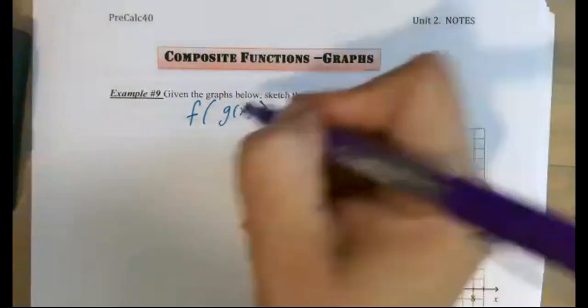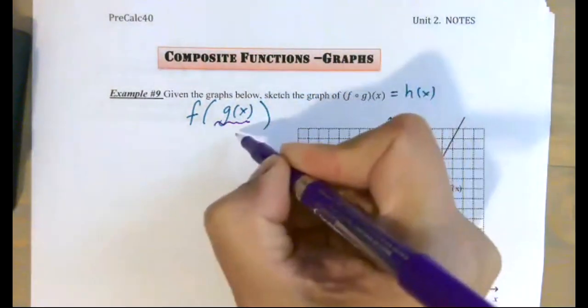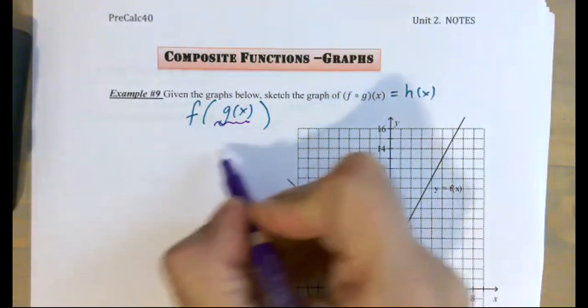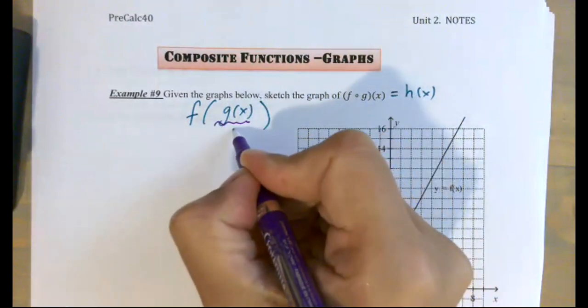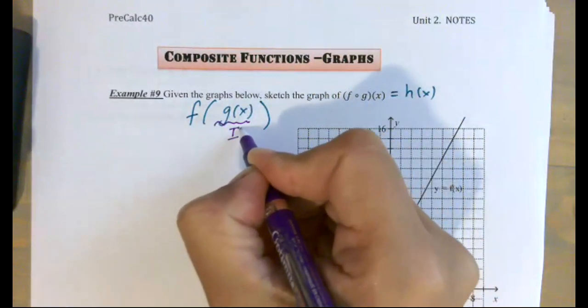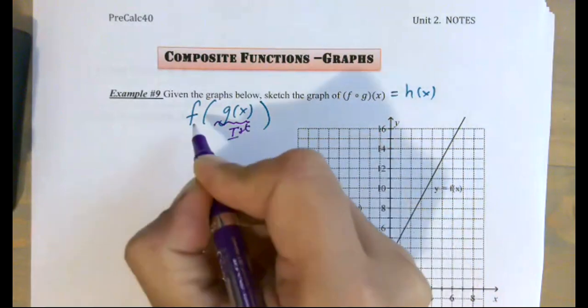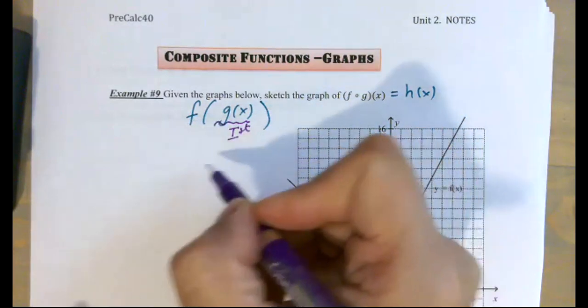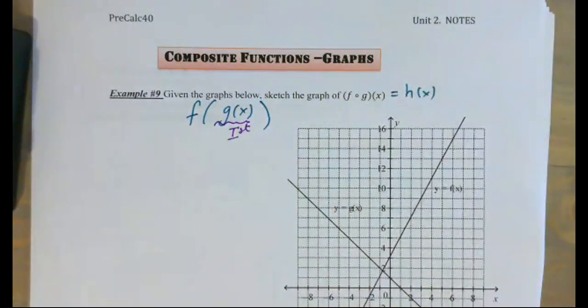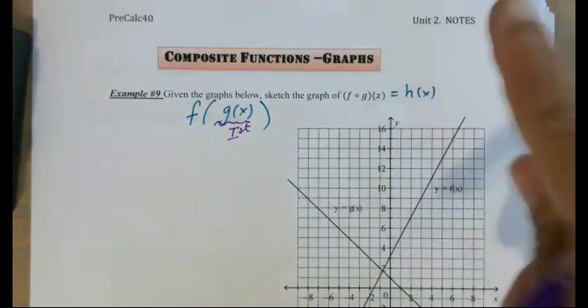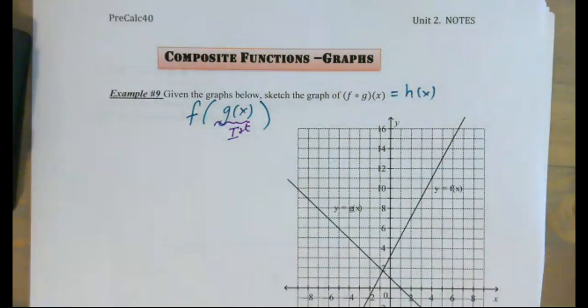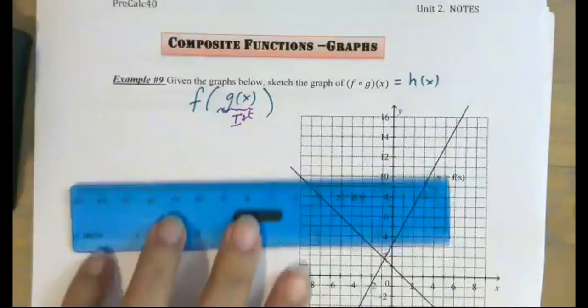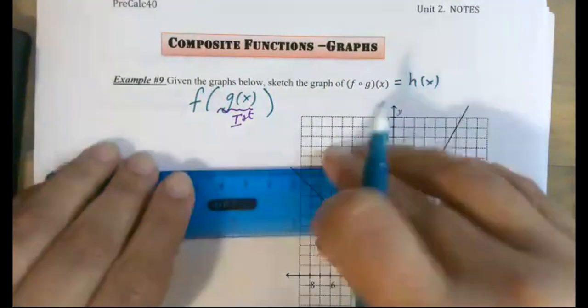Now, because I need g of x to actually figure out f of that, in your table, you want to write that one first. And then f of g of x comes as the next column. And in the end, that's going to be h of x already. So you're not going to have as many columns as with operations of functions.